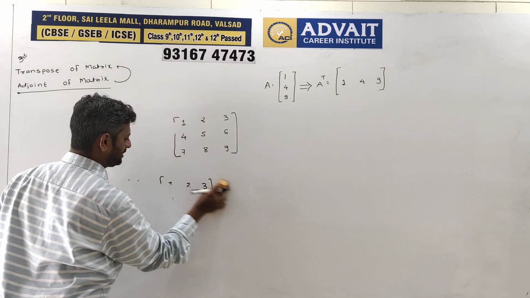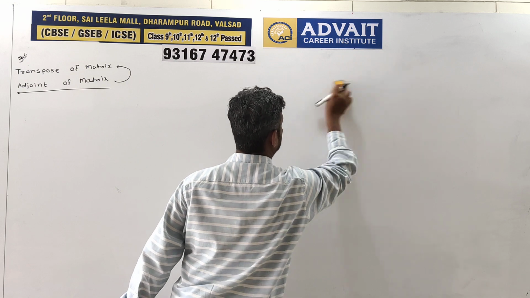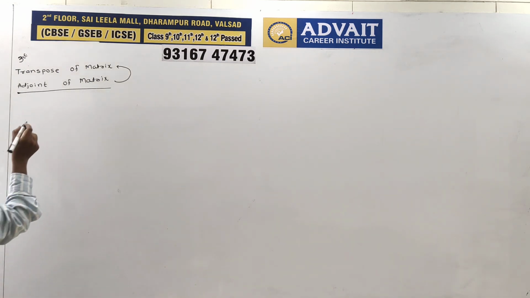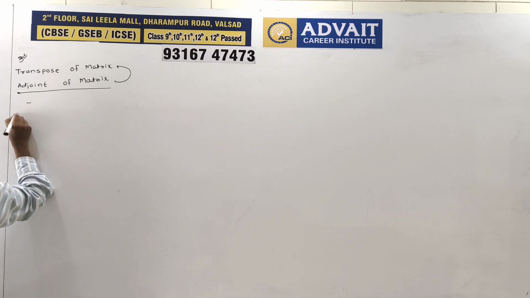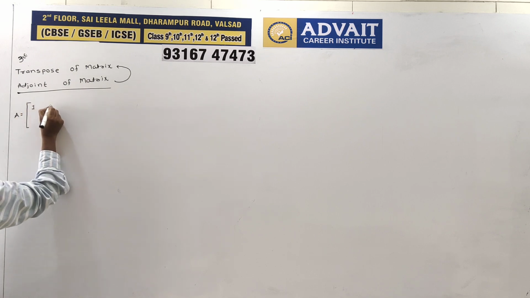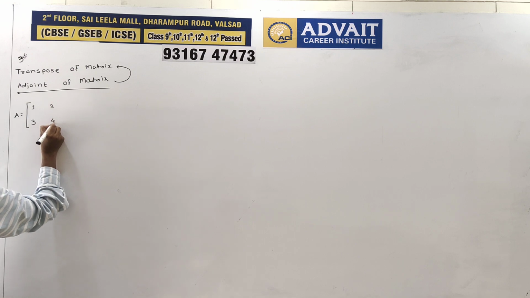Adjoint of a matrix, keep in mind it is a little bit different. First, suppose your matrix is 1, 2, 3, 4.